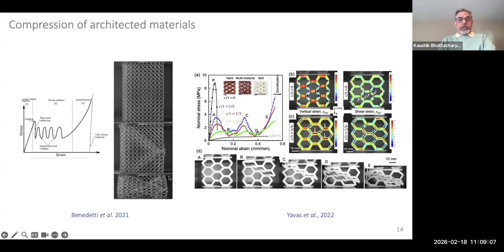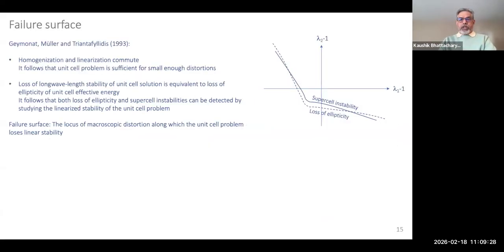And that's what excites people about metamaterials, that you can engineer very nonlinear stress strain behaviors and therefore use it for energy absorption and impact bracing, right? It's really this failure of homogenization at large deformations. Questions?